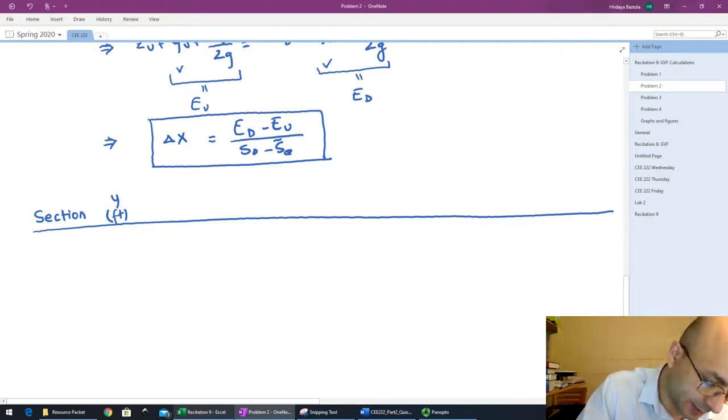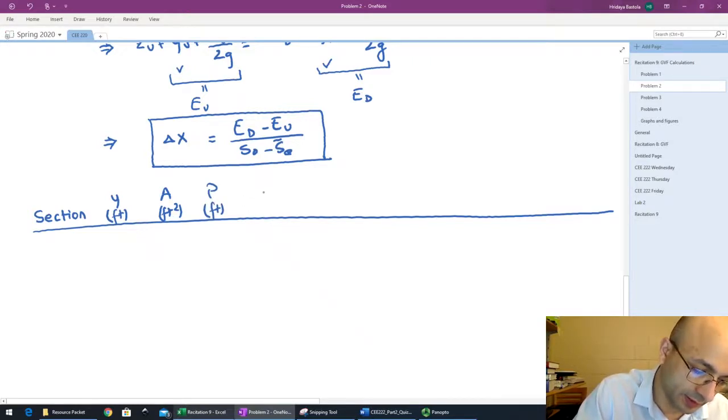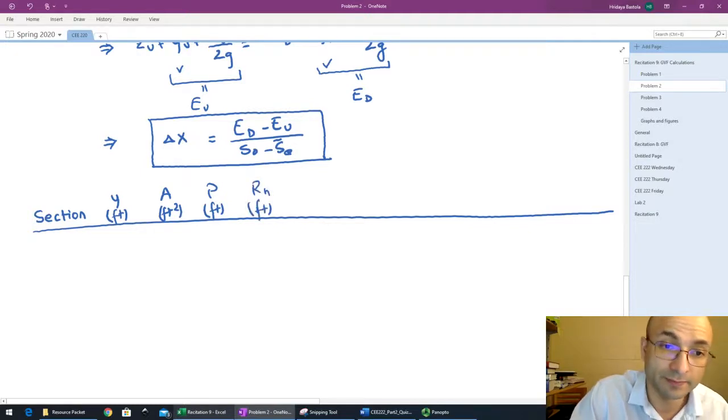The next variable we'll calculate is the area, feet squared. We'll then get the perimeter with units of feet. Once you get the cross-sectional area and wetted perimeter, you can get the hydraulic radius with units of feet.